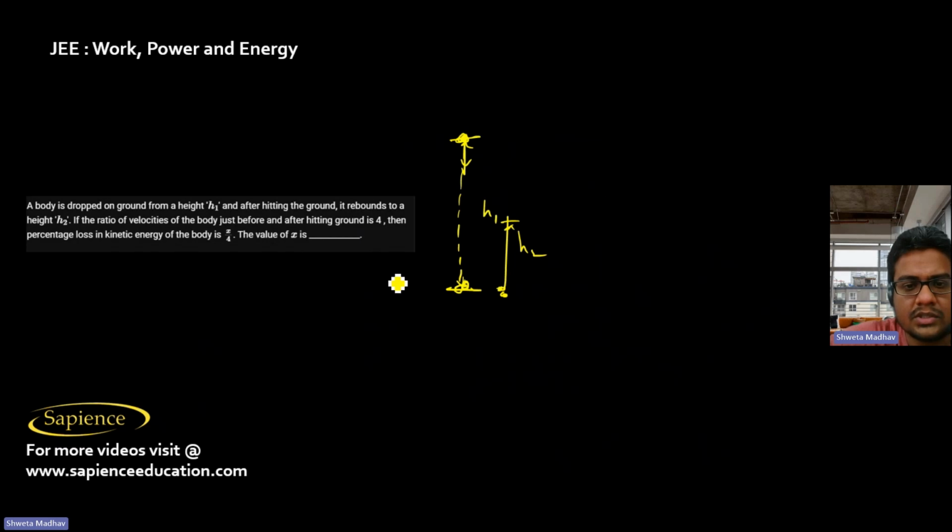So it means that just before hitting the ground, if its velocity is 4v, then after hitting the ground it should be v, and the percentage loss in kinetic energy is x by 4.